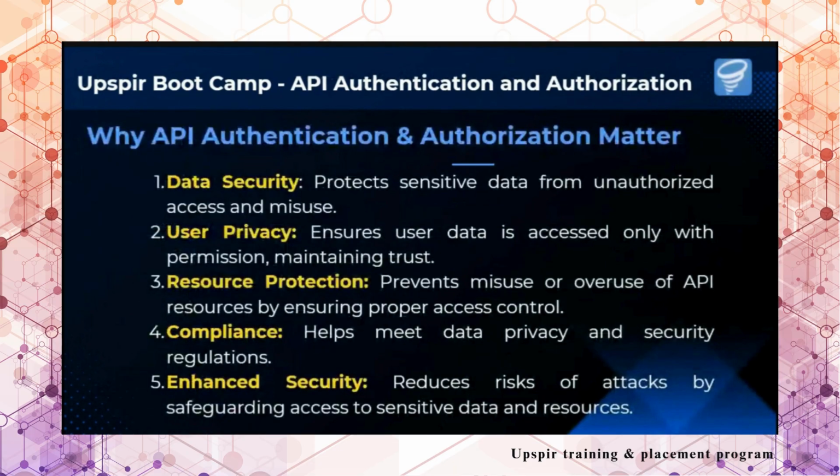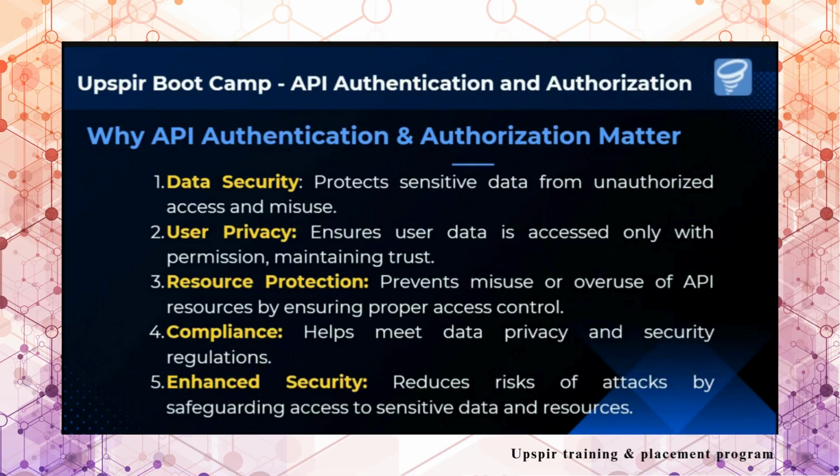Okay. So why are these important? One is obviously data security. You don't want people who are not authorized to access your data. Privacy is important. Even if you want to see your own data, the system has to ensure that you are the person accessing your data, not anyone else.